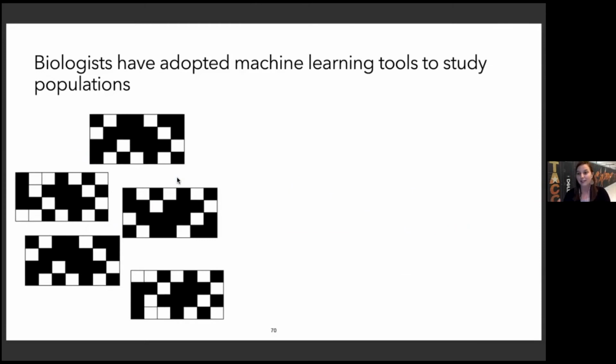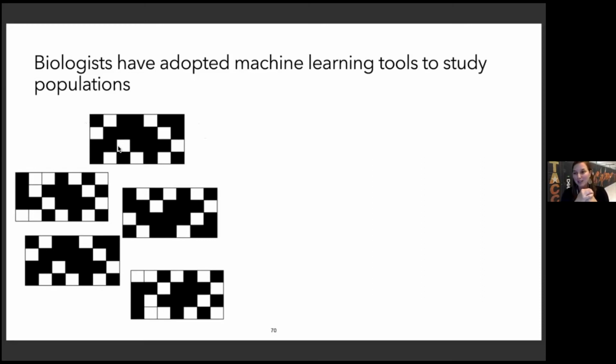And within the past like 3 years, biologists have really started to adopt these machine learning tools to study natural populations, which is very exciting. We can use these images that I showed you earlier, which are alignments that show you the natural diversity that exists in a population. When we look at these images, they don't really mean anything to us, right? We see that there are differences between them, but we don't detect any patterns.